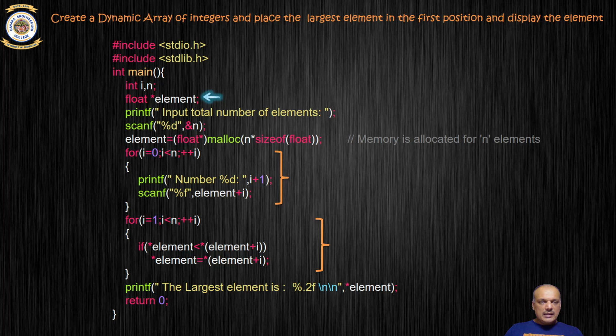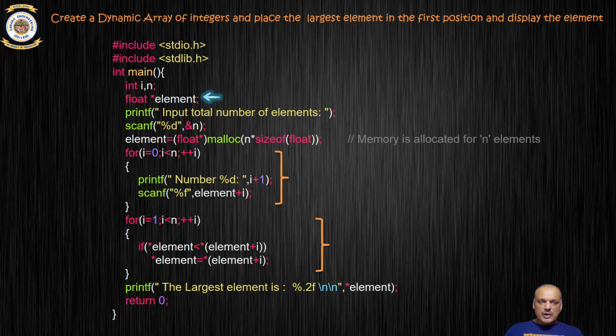Then I have another pointer variable. The pointer variable name is element and it is of the type float. So this pointer can point to a variable or variables of type float. It can point to a single variable or it can point to an array of data of type float.